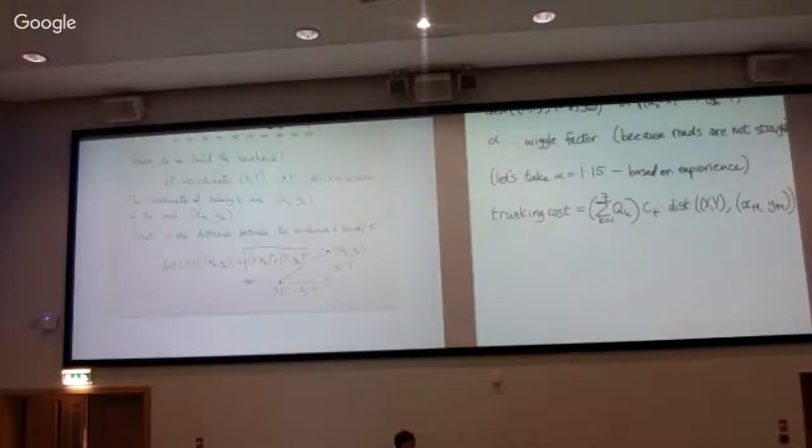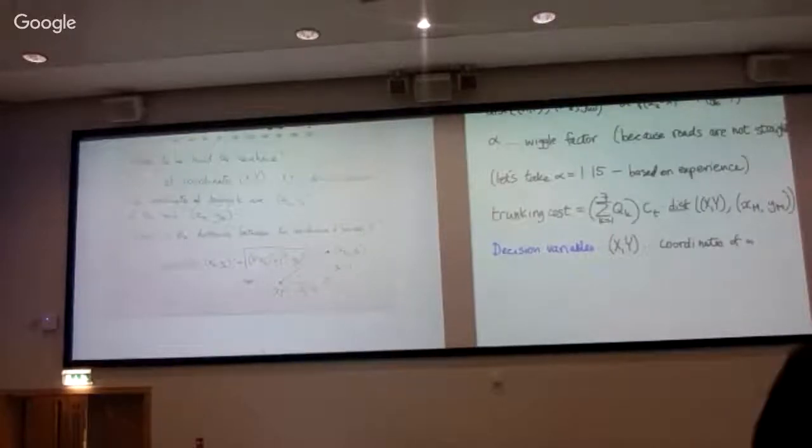So let's put it all together. So what do we have? We have the decision variables, x and y, which are the coordinates of the warehouse that we want to build.